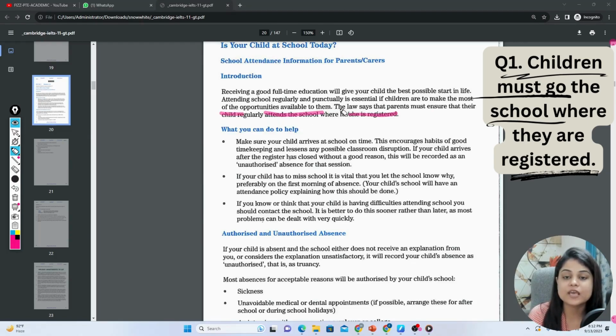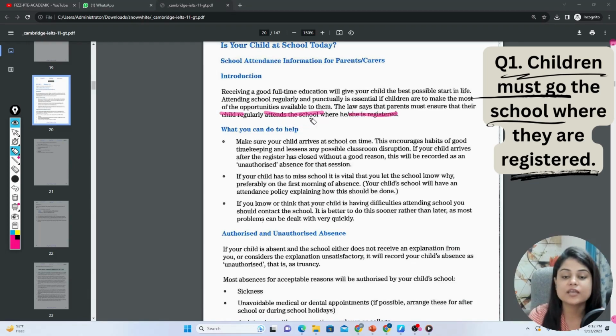The law says that parents must ensure that their child regularly attends the school where she is registered.